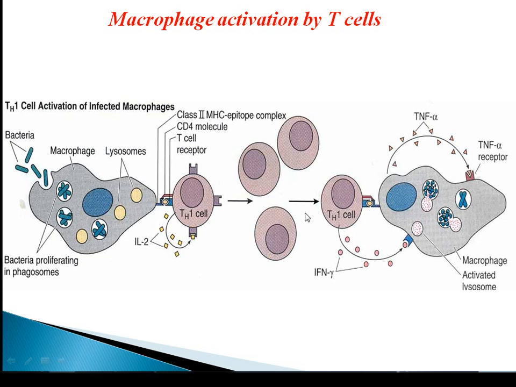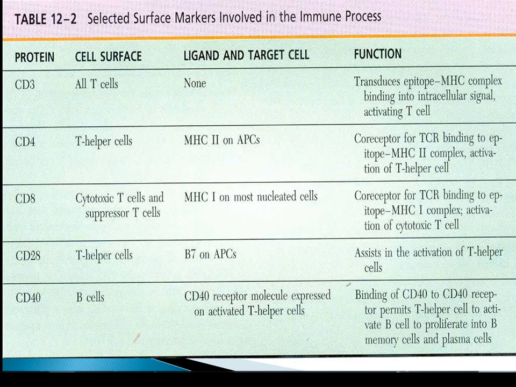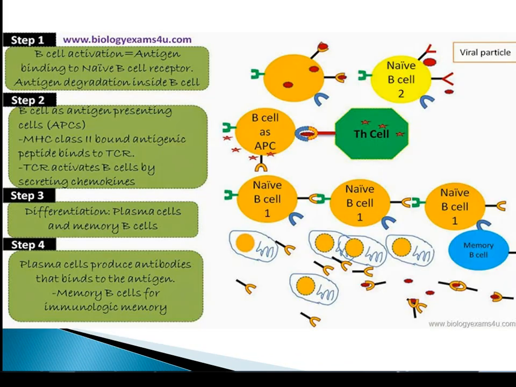These T helper cells are controllers, regulators, stimulators of all of the immunological reactions of the human body. Here we have different CD molecules, where they are located, their ligands, their target cells, and their functions.